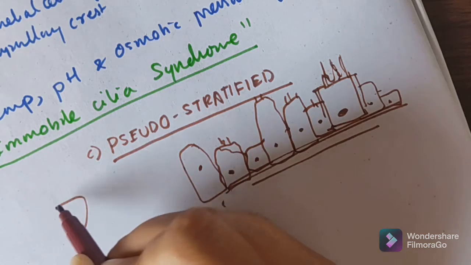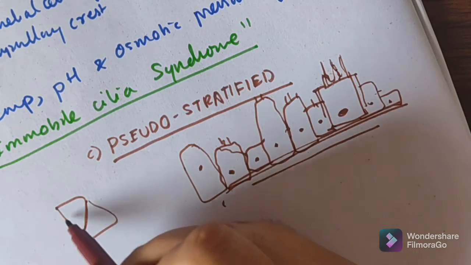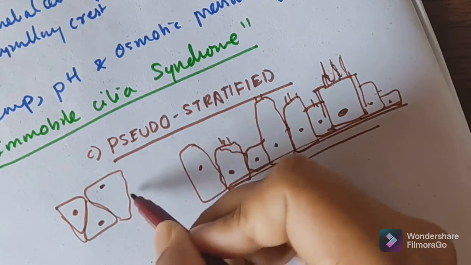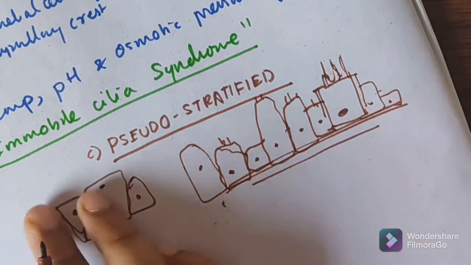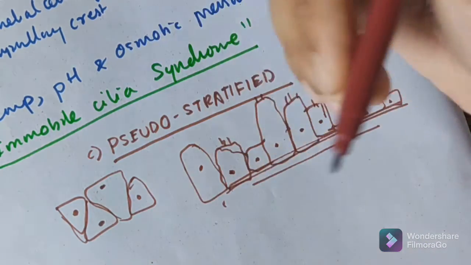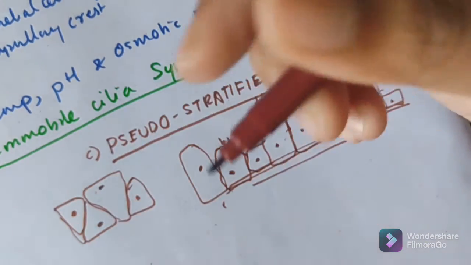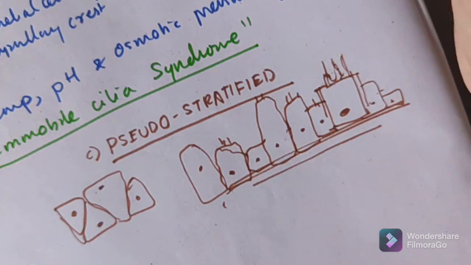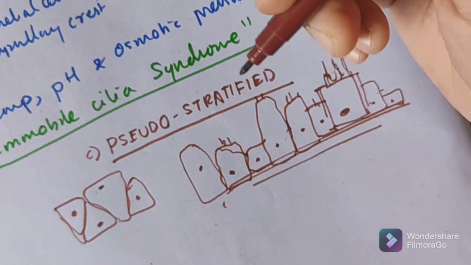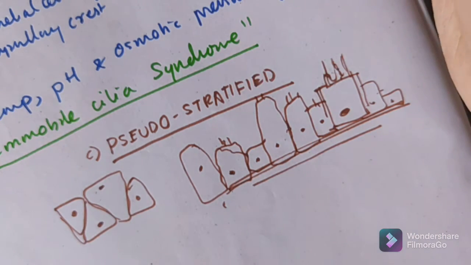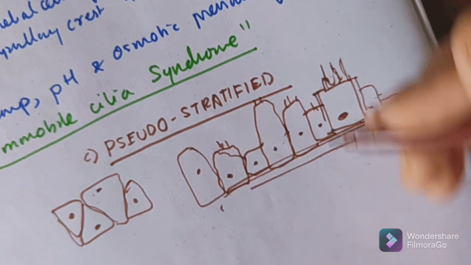They may look as if they are falsely stratified, but they consist of a single layer. There may be modifications which would make you think they consist of different strata, but they resemble it in a fake fashion because it is a false stratification. Hence, this type is known as the pseudostratified columnar ciliated epithelium.